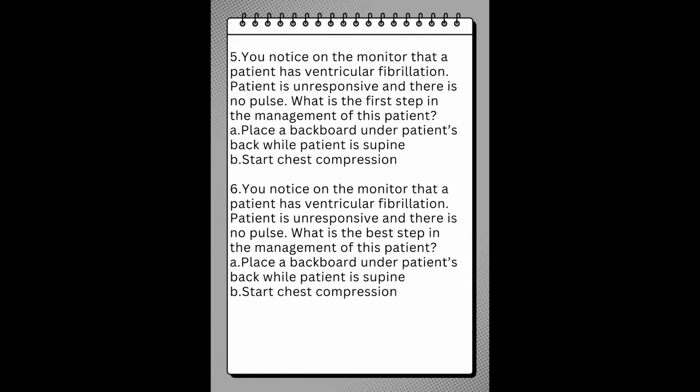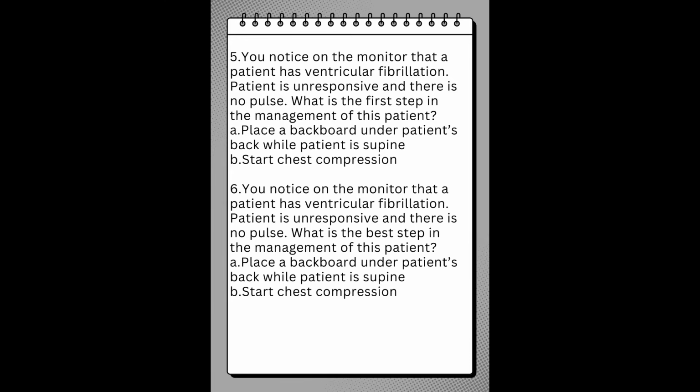A says place a backboard under the patient's back while patient is supine. B. Start chest compression. Patient with ventricular fibrillation, what is the first step in management of this patient? The patient is unresponsive. Place a backboard, is that the first thing to do? Start chest compression, is that the first thing to do? Let's hold on and move to number 6.